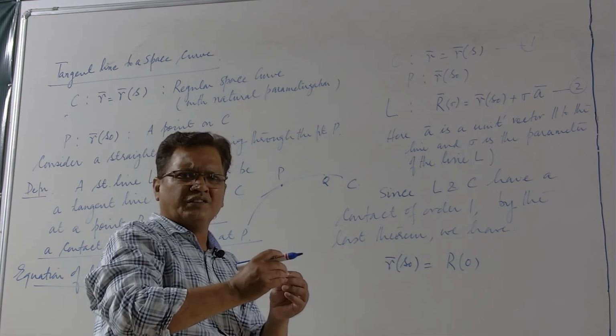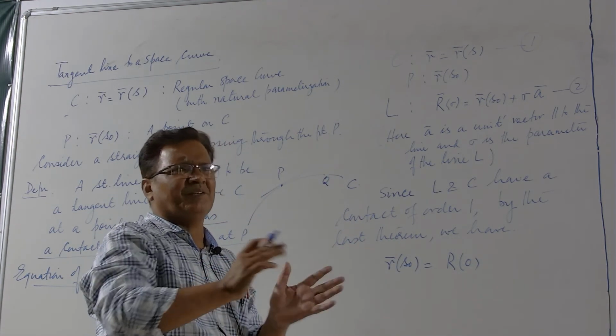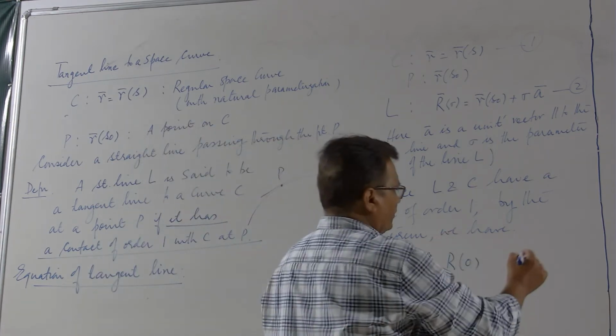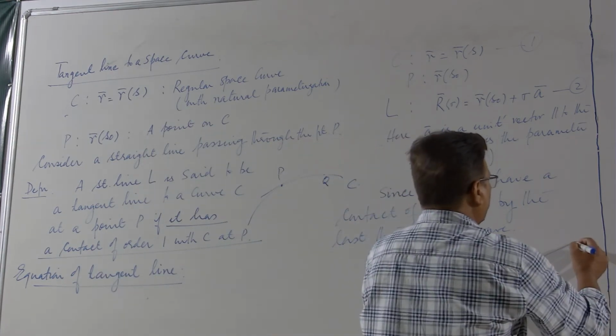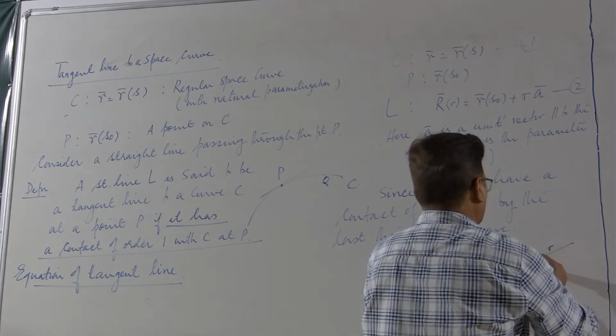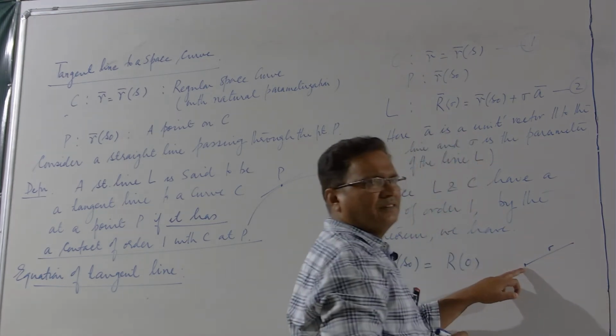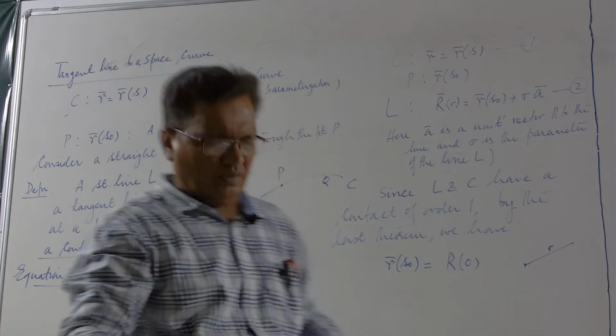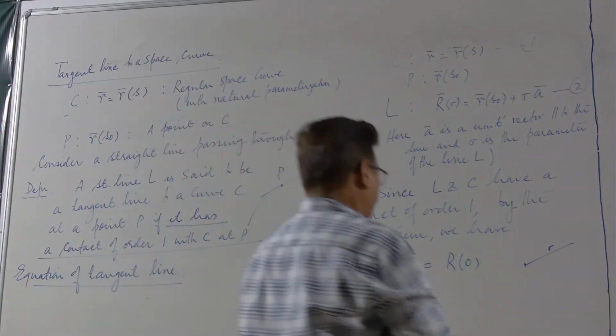The value of sigma at the point P must be 0, because you are computing along the line from P to here, and this distance is sigma. So, here it must be 0. This is obviously true.